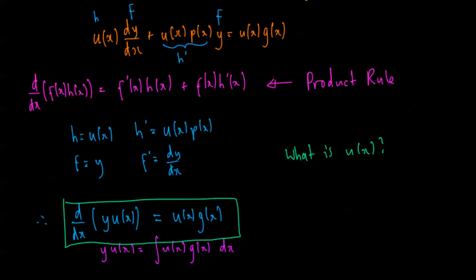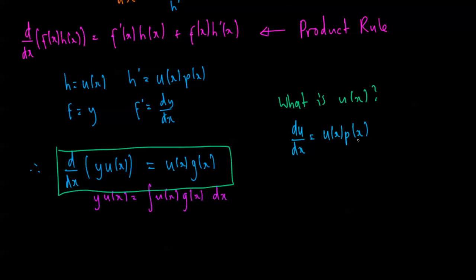Well, we need to choose u such that its derivative is equal to itself times some other function, p of x. This itself is a differential equation in terms of u, but it's separable. So du on u of x is equal to p of x dx.